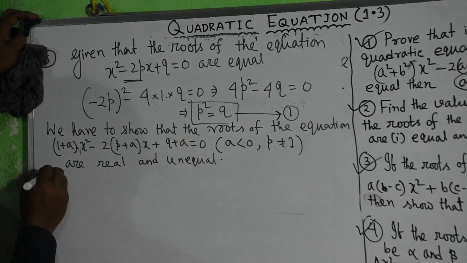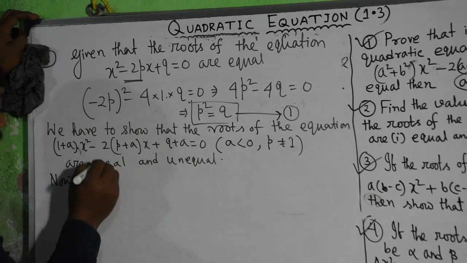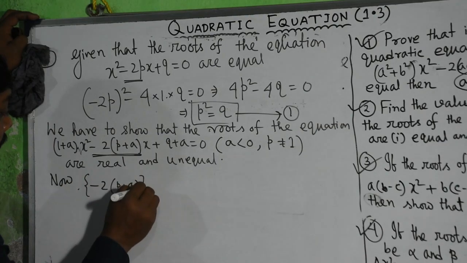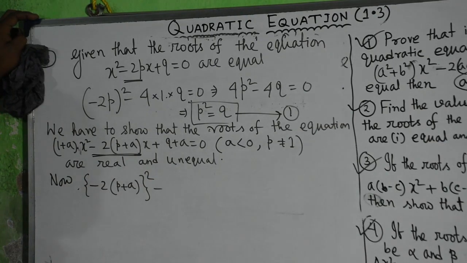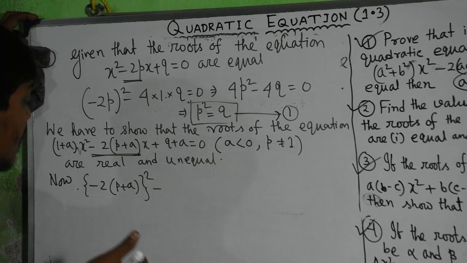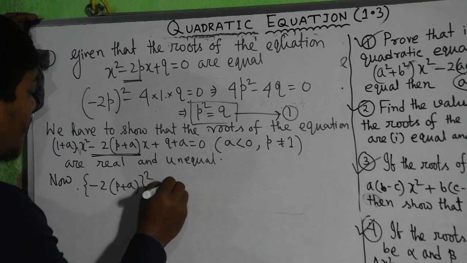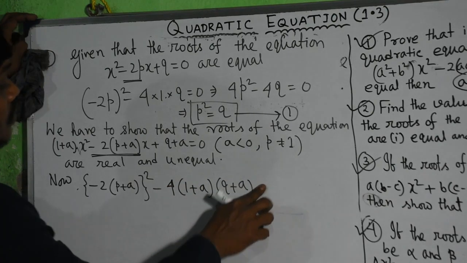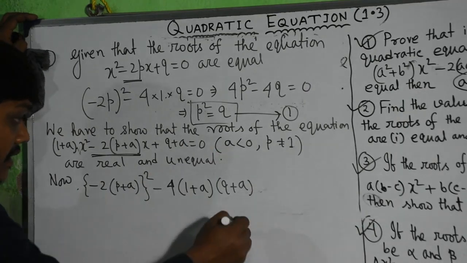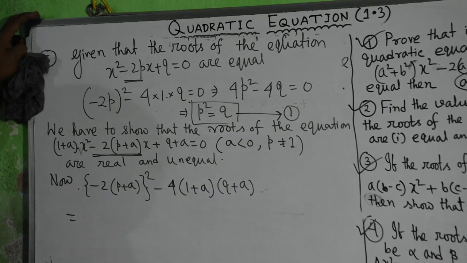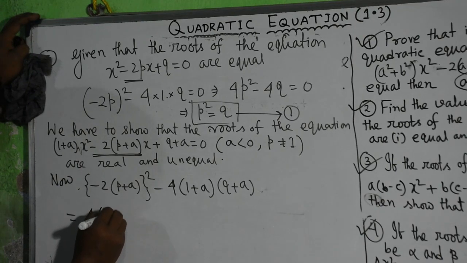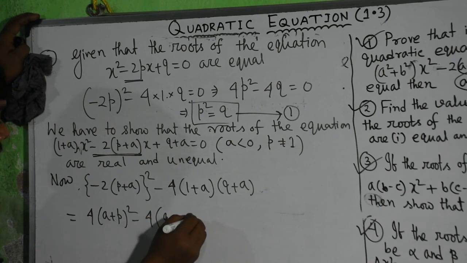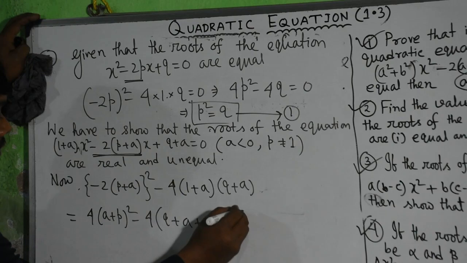So now, what is my b square? b means minus 2 into (p plus a). I have to calculate b square minus 4ac and show it is strictly greater than 0, then the roots are real and unequal. Minus 4 into (1 plus a) into (q plus a). So 4 into (a plus p) whole square, minus 4 into (q plus a plus aq plus a square).